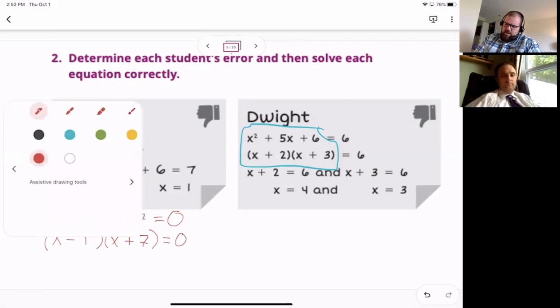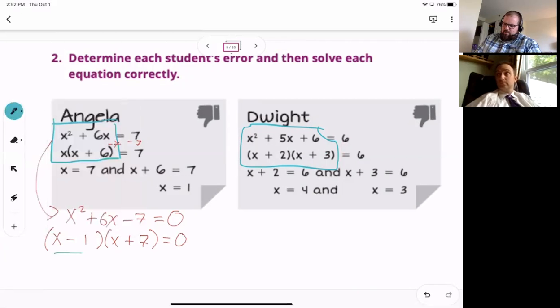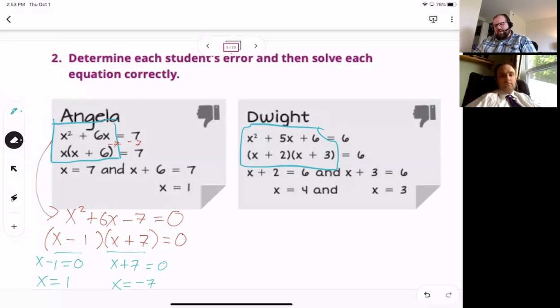And then from here, we have two things that we're multiplying together, and the answer is 0. That means either x minus 1 is 0, which would mean x equals 1, or x plus 7 is equal to 0, which means x equals negative 7. Mr. Butterworth, was that reasonable? We didn't explain the factoring part. I think that's okay for now. Yes, I agree.